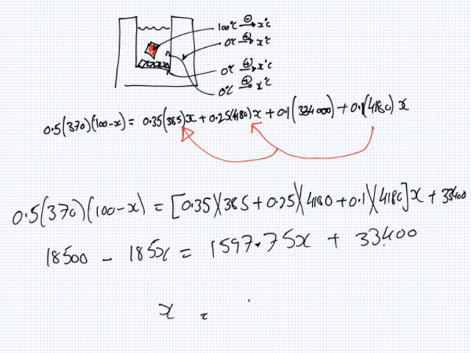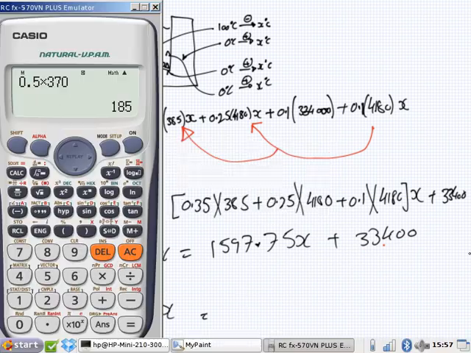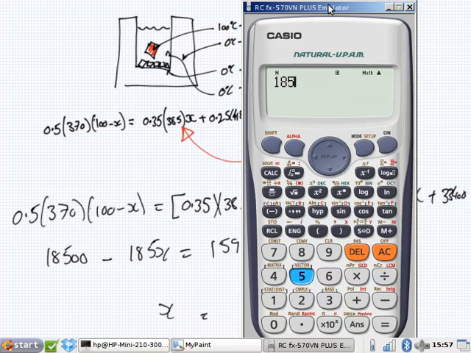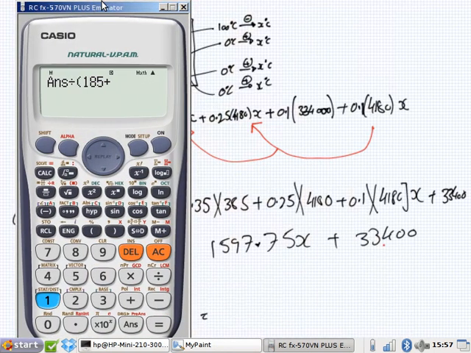Let me see. So 334 times 0.1. Instead of having 33400, I should have 33.4. And if I take that over to the left, I have 18500 minus 33.4 divided by 185 plus 1597.75. 10.4.